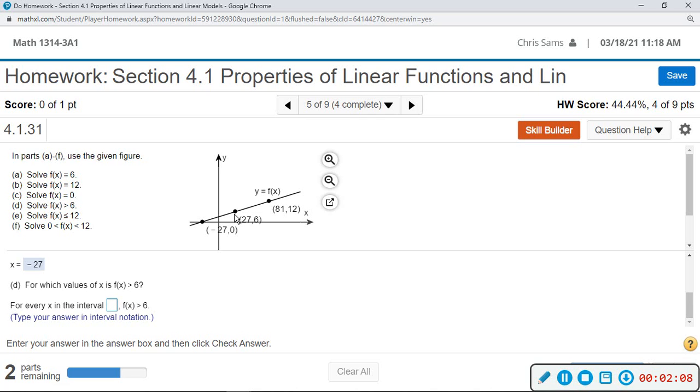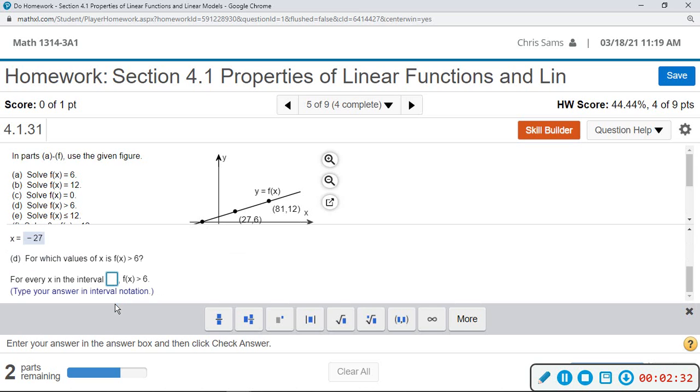So, right here, we start at 27. So, when x is 27 and beyond, those x values will be greater than 6. Since it strictly says greater than, not equal to, then 27 will not be included, because at 27 we're equal to 6.